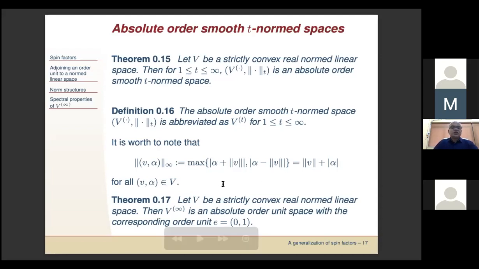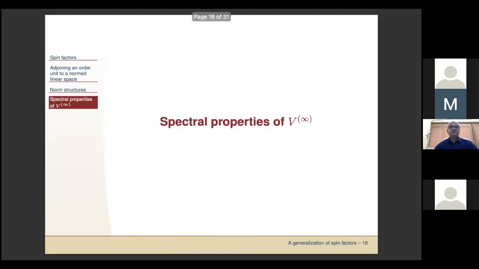Of course, we have a similar situation when t is equal to 1, but I don't think I'll be discussing that here. I have to discuss something else. Now let's go to something interesting, what we call the spectral properties.